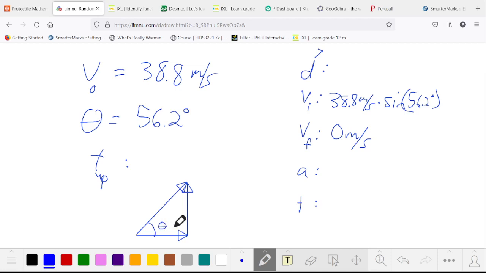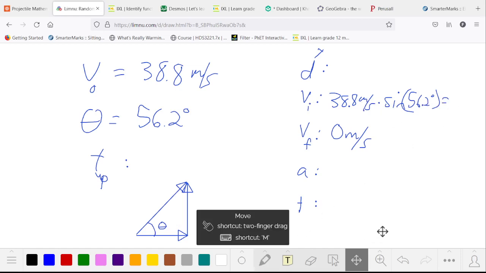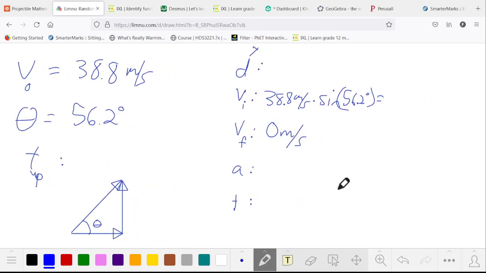So 38.8 times the sine of 56.2. Our initial velocity in the y direction is 32.2 meters per second. Our acceleration we know is a negative 9.81 meters per second squared.